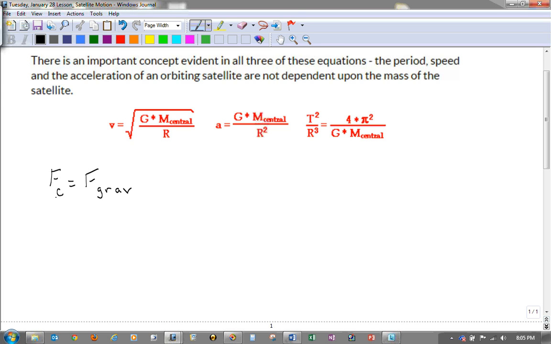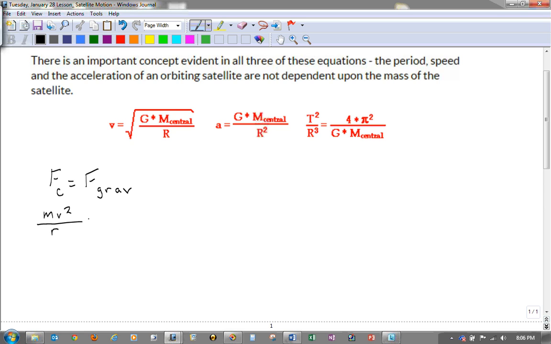And then simply substituting the formula for centripetal force: the mass of the satellite times the speed of the satellite squared, and that's the tangential velocity, divided by the orbital radius, r. This is the formula for centripetal force.